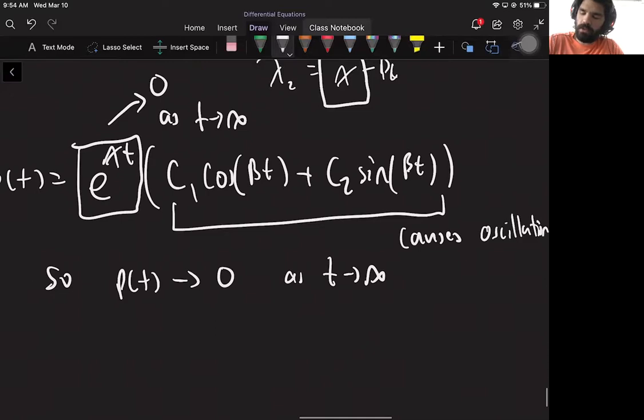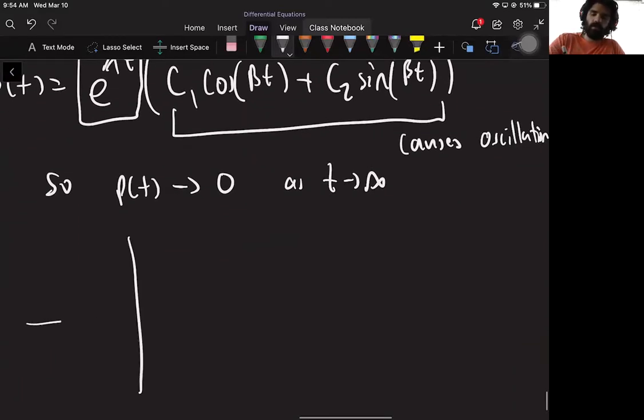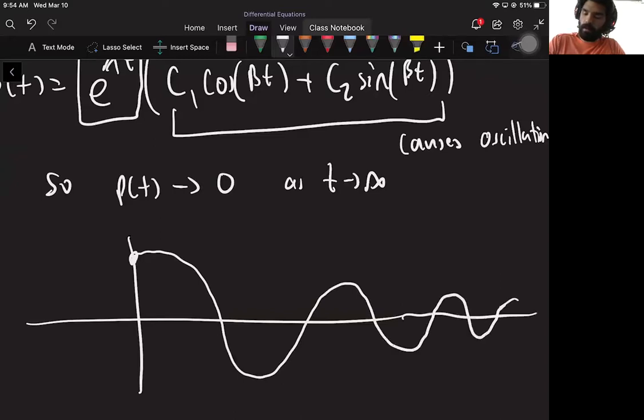So this will cause an oscillation. So the whole thing will go towards 0, but as it's going towards 0, depending on the initial conditions, it might do something like this. As it's going towards 0, it's going back and forth about 0 forever.